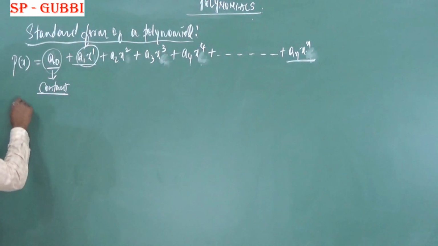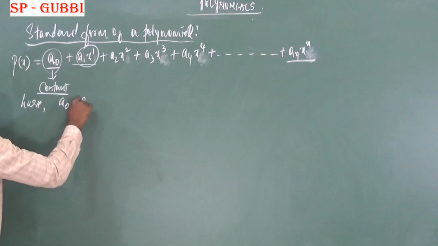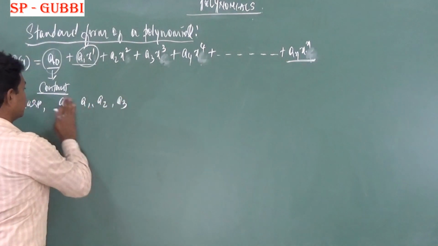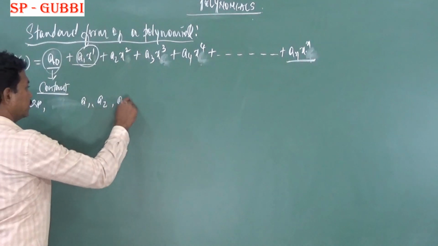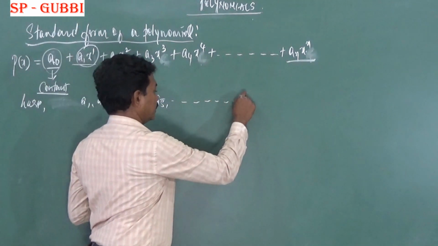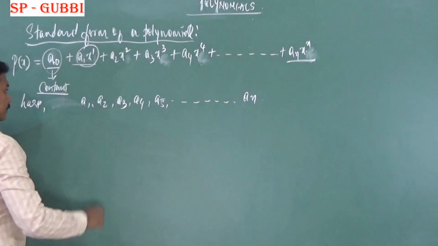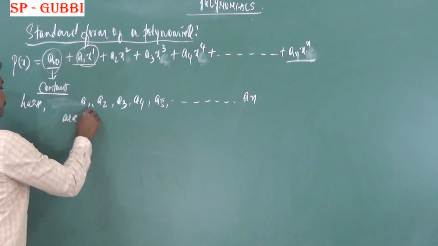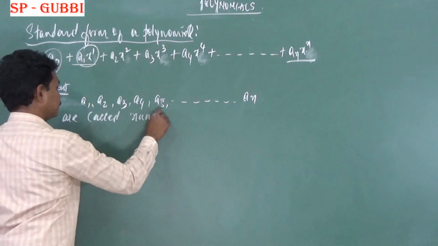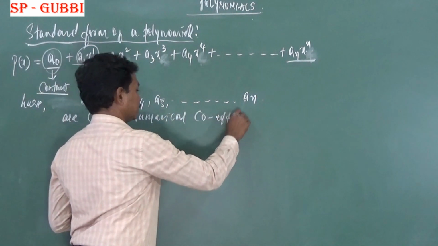Okay, so here let us go with this. A base 0, A1, A2, A3, let us not take this, let us take this one. So A4, A5, dot dot dot until A n are called numerical coefficients.